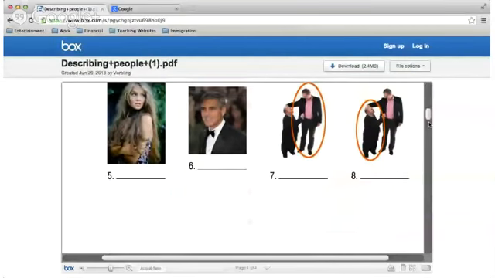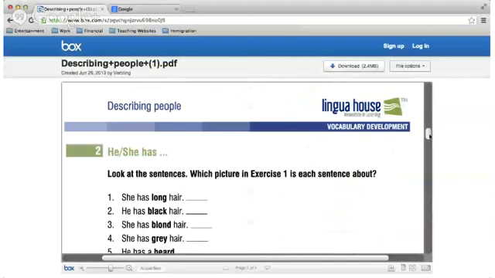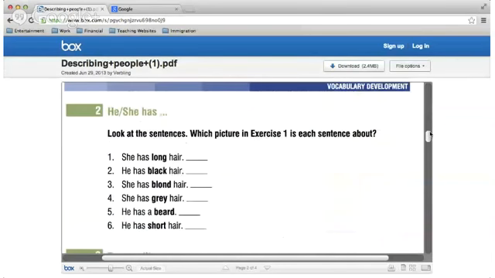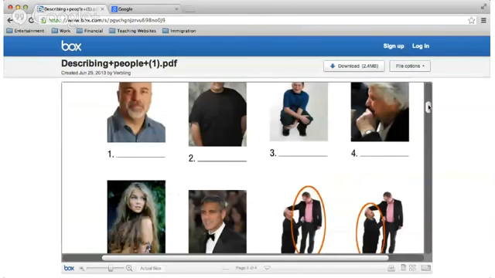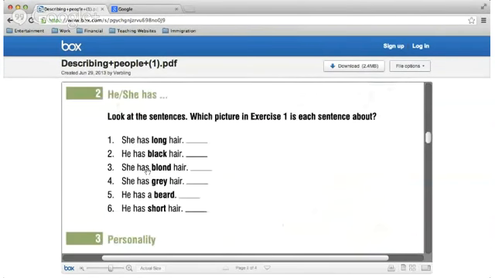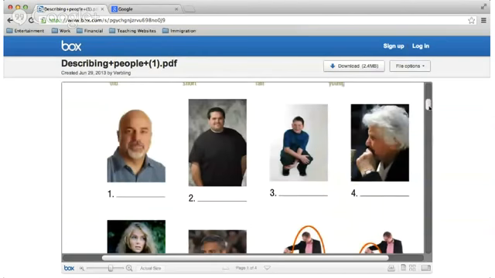Okay, let's go to Francisco. Number 4. She has gray hair. I think they messed up. It should not be she has gray hair, but he. Oh, unless that's a woman. Yeah, she has earrings. Yes, that is a woman.